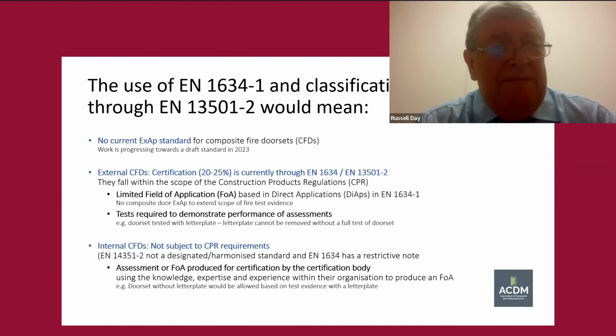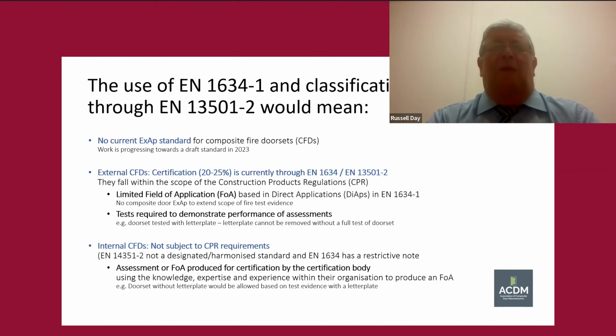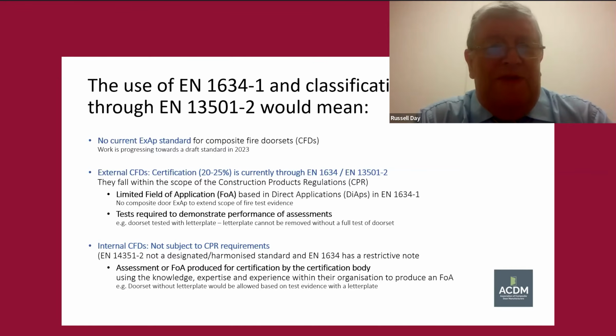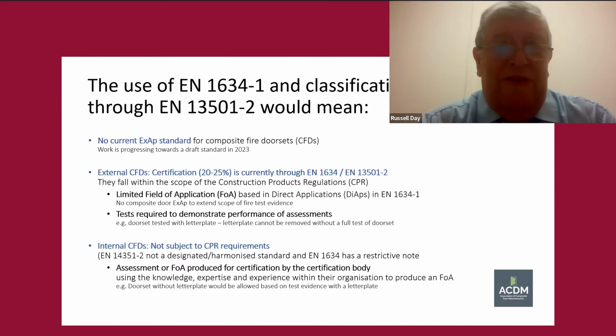Currently, due to the construction products regulations, any fire door fitted as an external fire door falls within the scope of EN 14351 Part 1, and therefore will be subject to the legal requirements of the construction products regulations, which means that there needs to be a declaration of performance, and the product needs to be either UK CA marked, as we can do now, or originally CE marked.